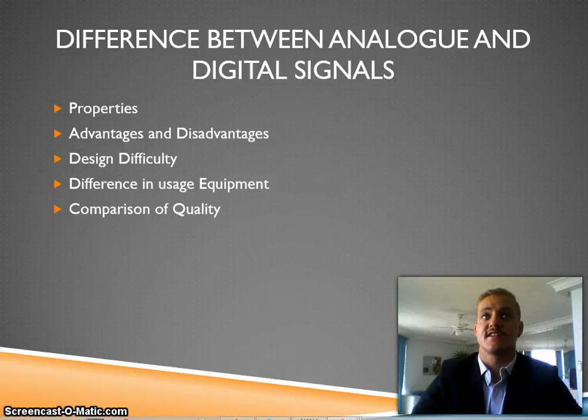Both analog and digital signals are used to transmit information, usually through electric signals. In both these technologies, the information such as audio or video is transformed into electric signals.